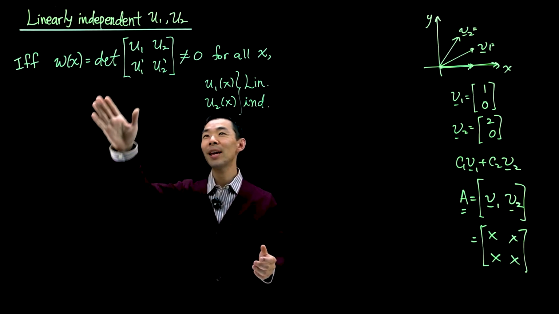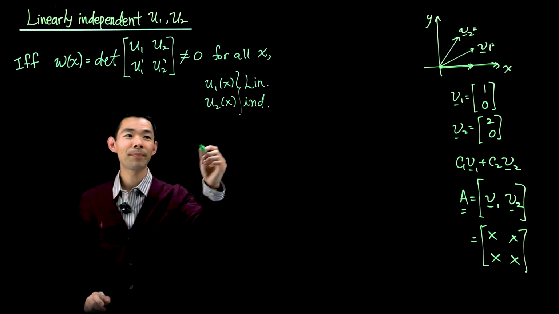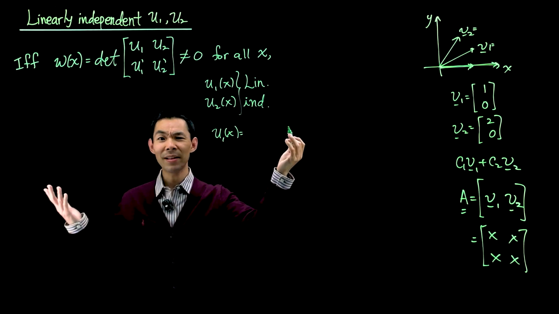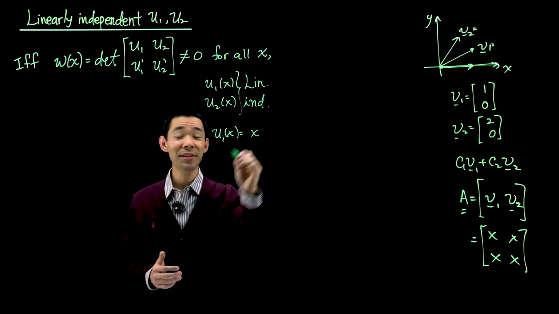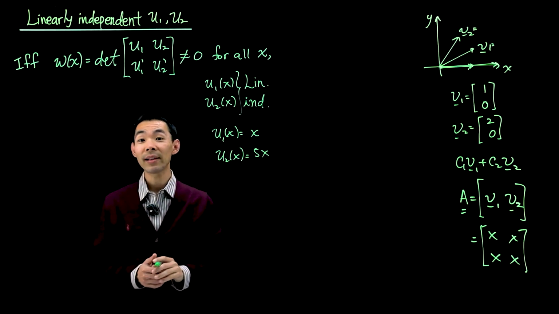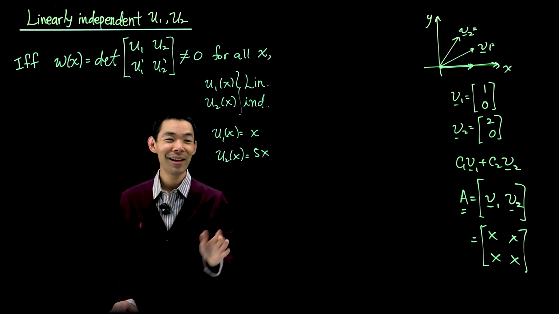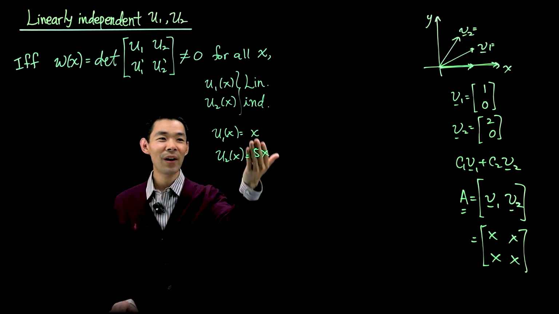So in this particular case, if, for example, your u1 function were to be some function, let's just say x, and if your second function was 5x, these two functions are not linearly independent of each other because u2 is just 5 times u1.